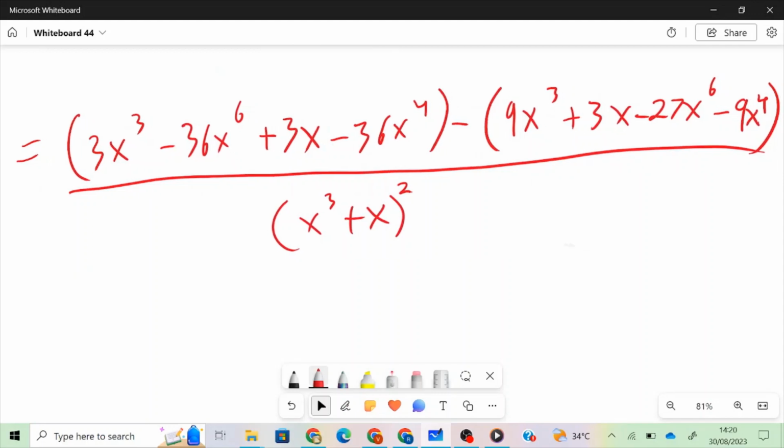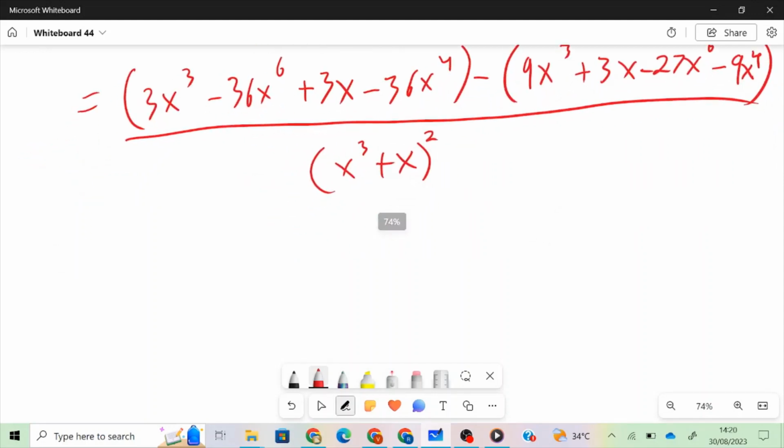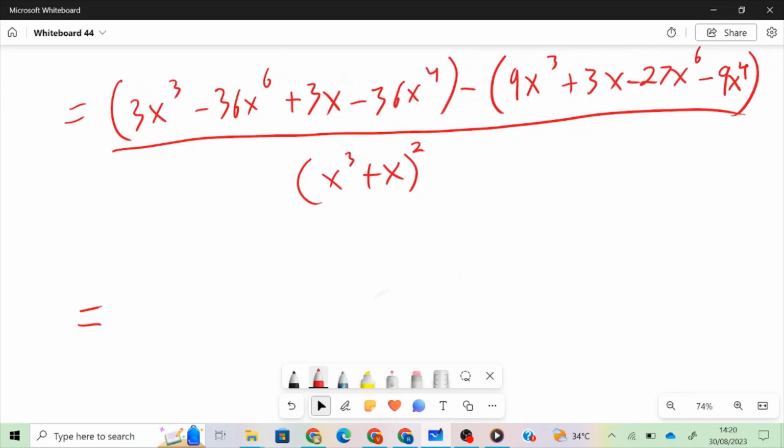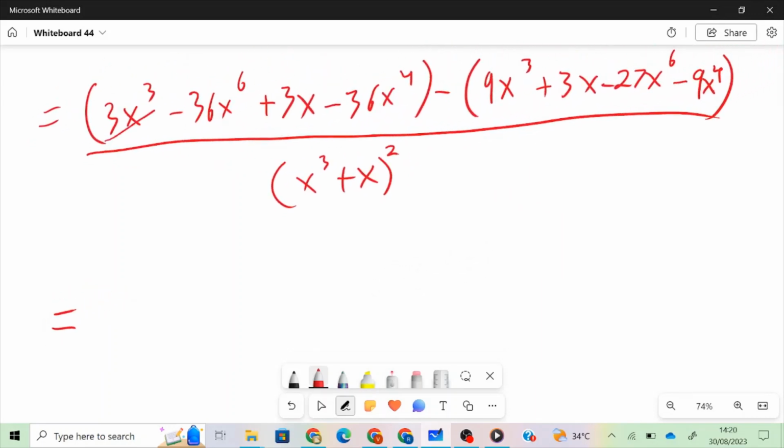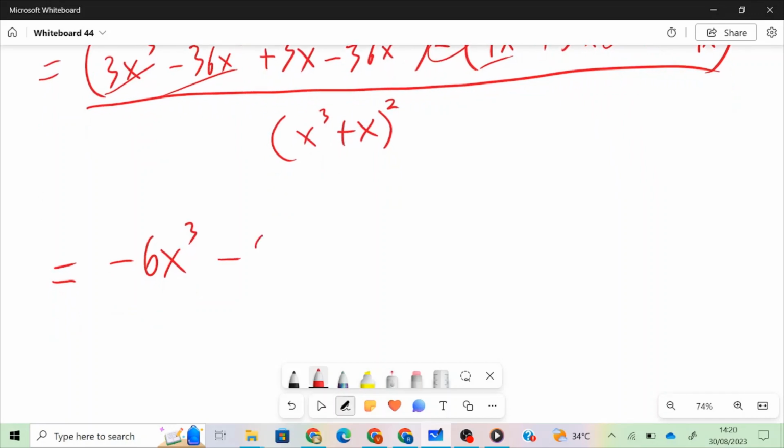Okay, now we can go ahead and collect the like terms. In terms of the powers of 3, we have 3x to the power of 3 minus 9x to the power of 3, so that gives me minus 6x to the power of 3. I have minus 36x to the power of 6 minus 27x to the power of 6, so this becomes minus 36 plus 27, and that gives me minus 9x to the power of 6.